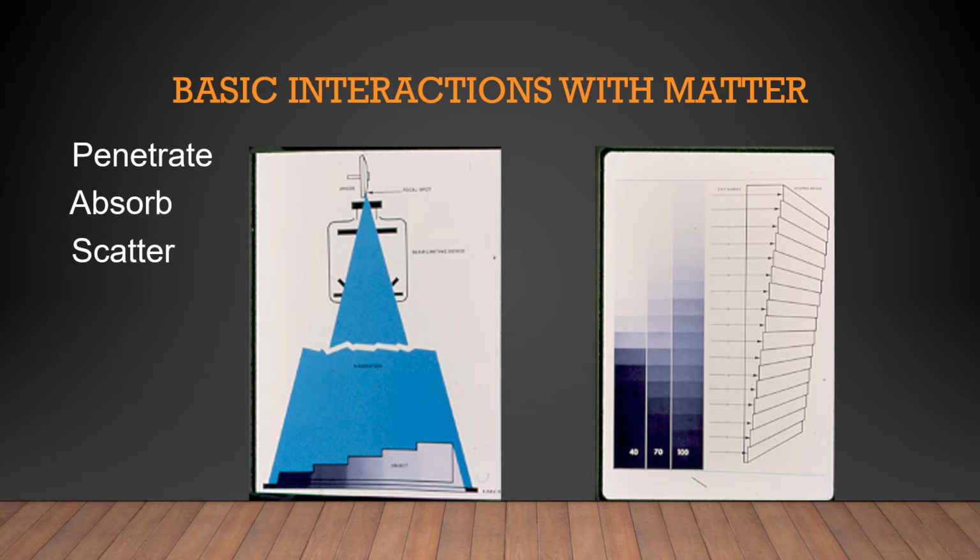If this is a patient's foot, we're going to have different intensities across the foot because the foot has different thicknesses. So depending upon the level of intensity we have in the beam, it will show us if we have the ability to capture all of the steps in the step wedge. This is something that's very important to think about. How can we control the penetration of the beam, the absorption of the beam, and the scatter of the beam?